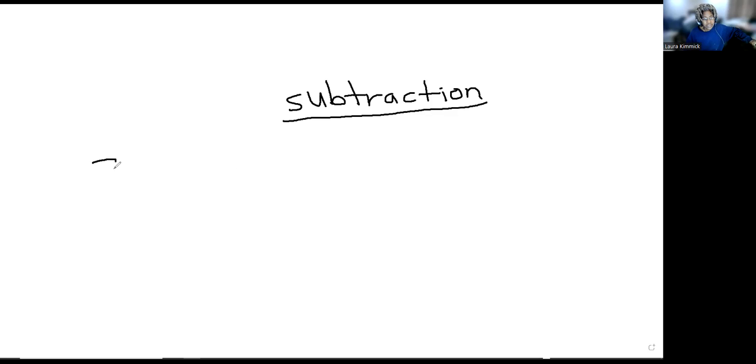Here's an example. 72 minus 22 equals 55. Okay, and then if you do 22 minus 72, for example, is 55. That's right.